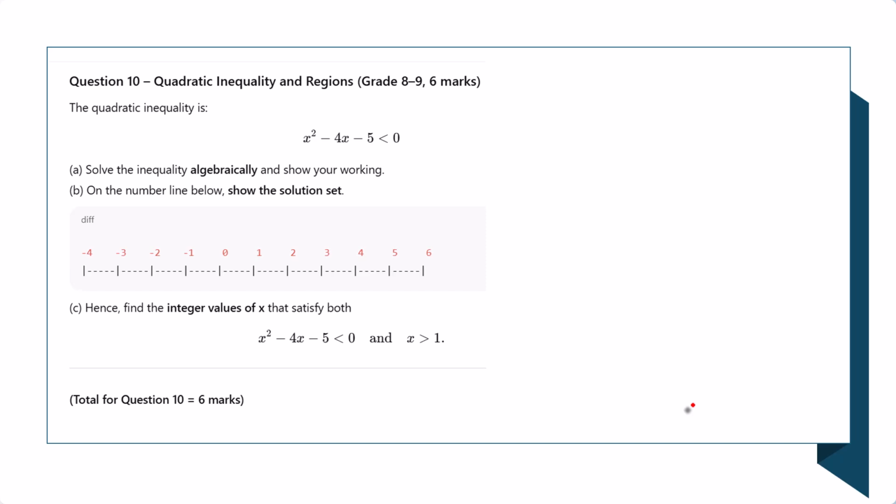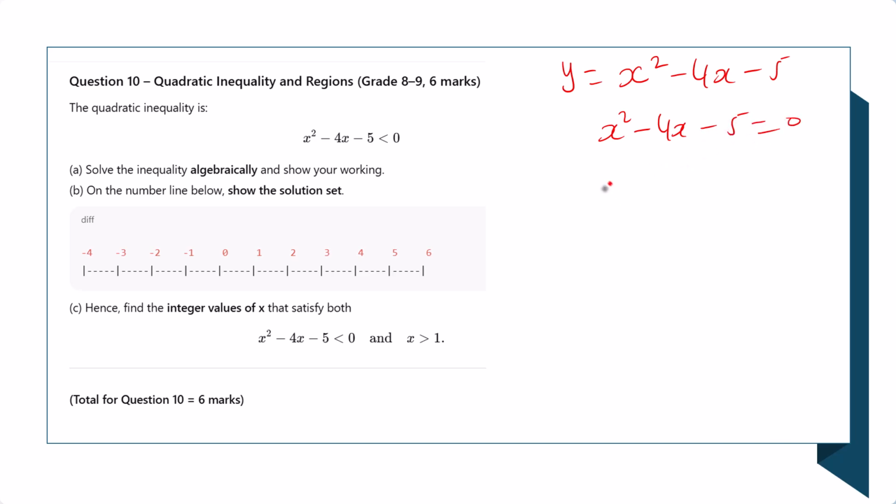All right, so question 10. Solve the inequality algebraically and show your working out. Now, listen. I can pretend this is a quadratic graph. If I want to sketch it, I can make y be 0, and then I can find the roots of my quadratic graph.